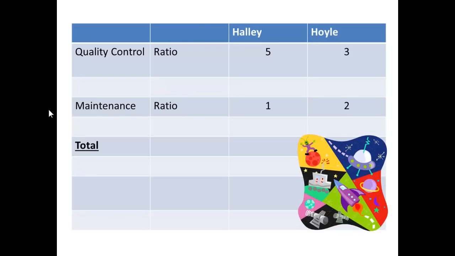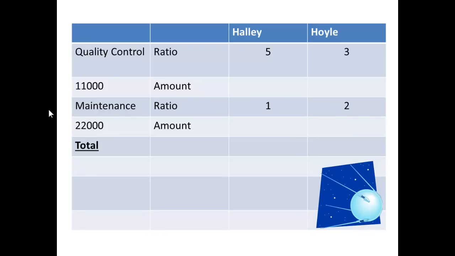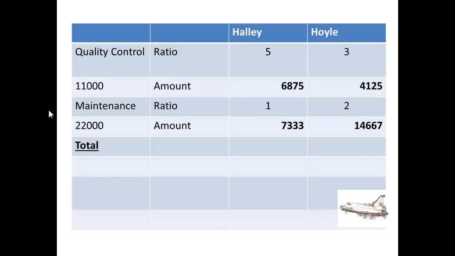So we're almost ready now. We've got our Halley and our Hoyle areas, and we've got our two ratios, quality control 5 to 3 and maintenance 1 to 2. The amount that we're going to allocate is 11,000 from quality control and 22,000 from maintenance.